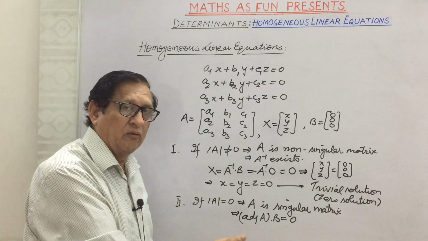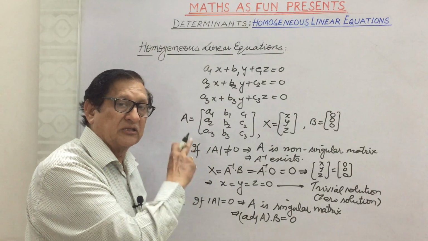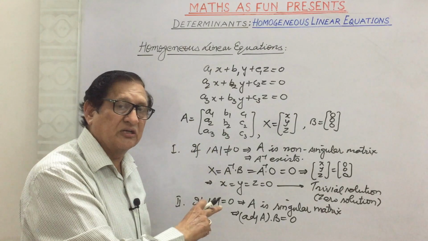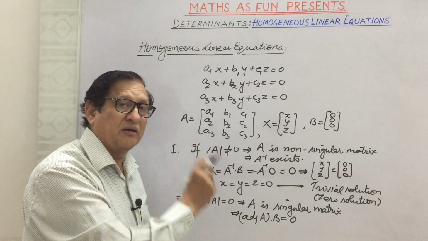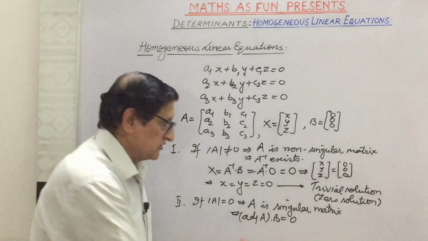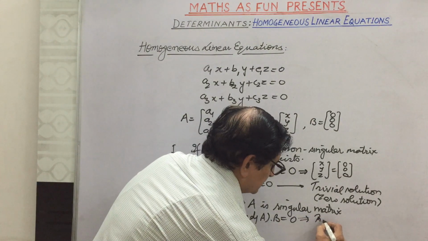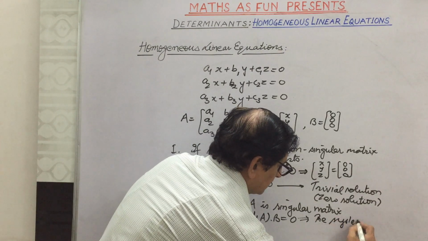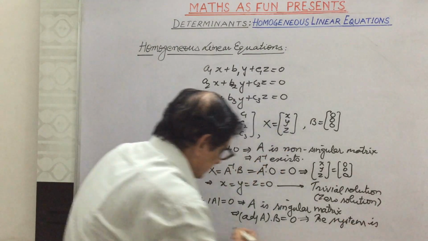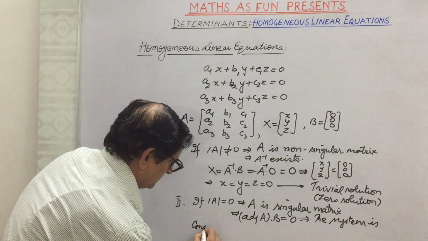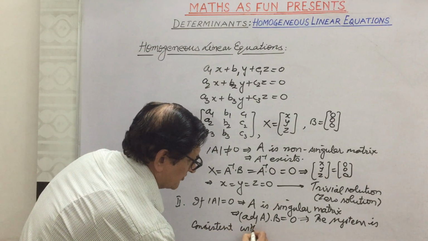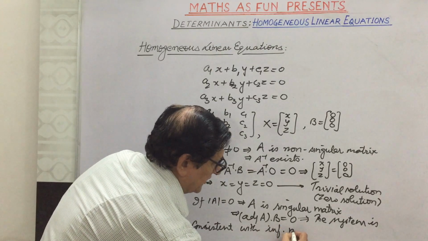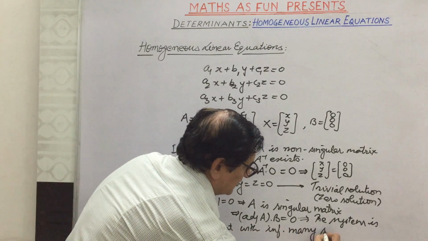And if it is 0, then what do we say? That the system of equations is consistent with infinitely many solutions.